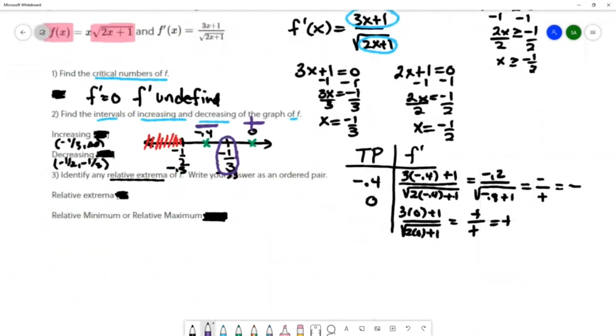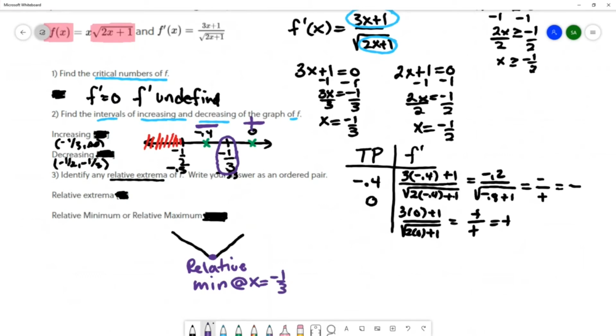A change from decreasing to then increasing will create a relative minimum, and that relative minimum occurs at x equals negative 1/3.